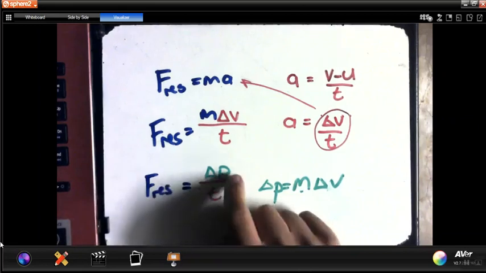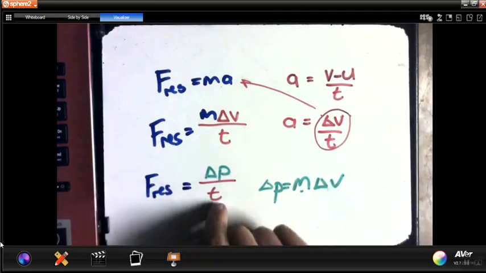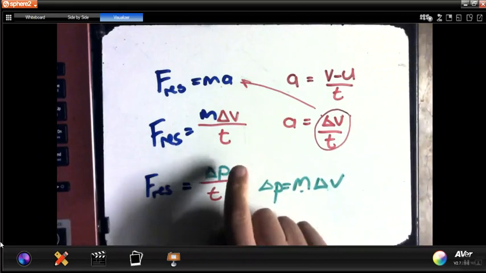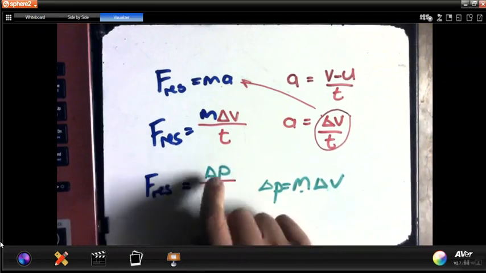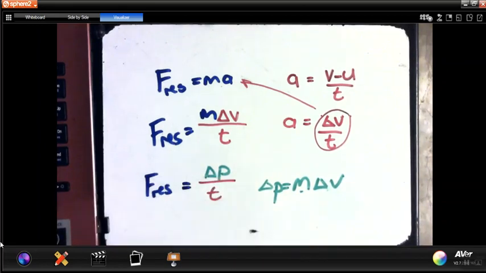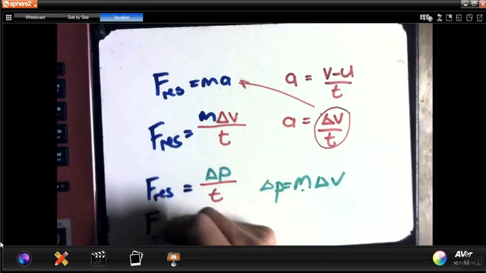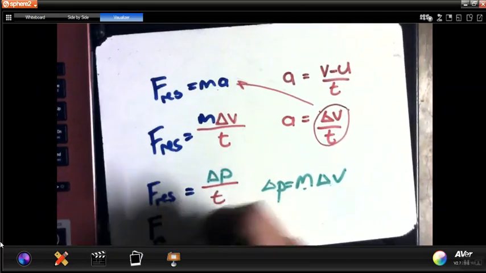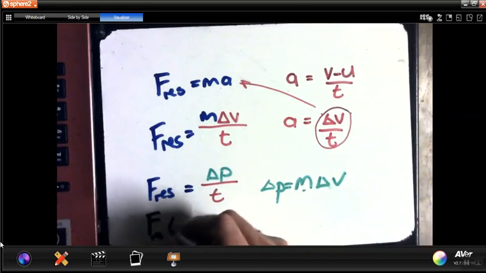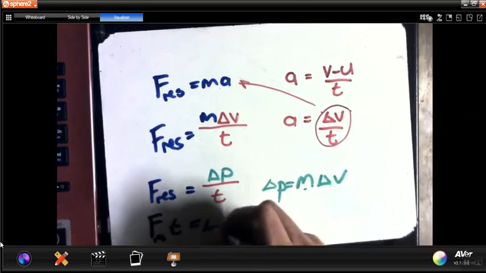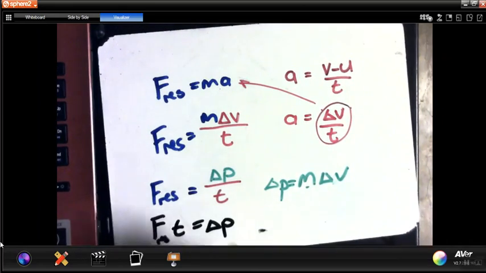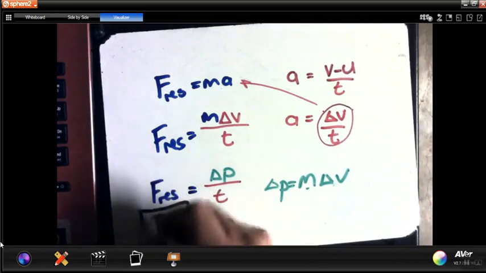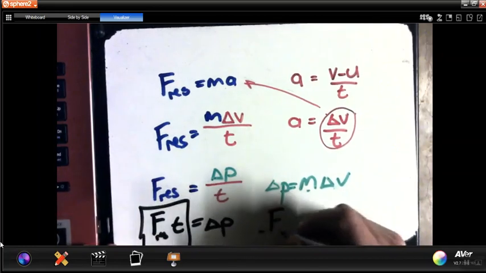Both force and momentum are vectors. Time is a scalar, okay, and the momentum will have the same direction as the resultant force. So when we rearrange this and say that the resultant force times the time is the change in momentum, we call this quantity force times time.